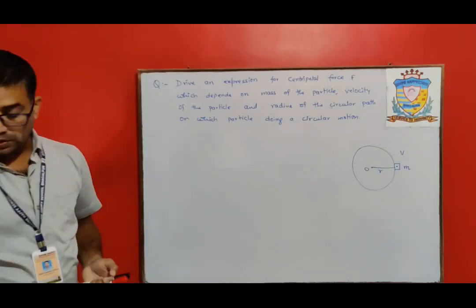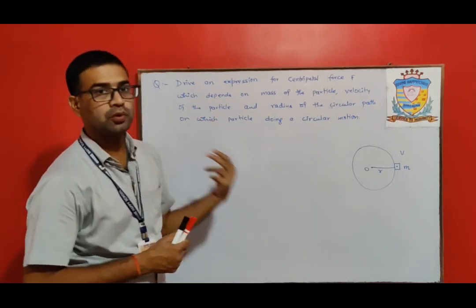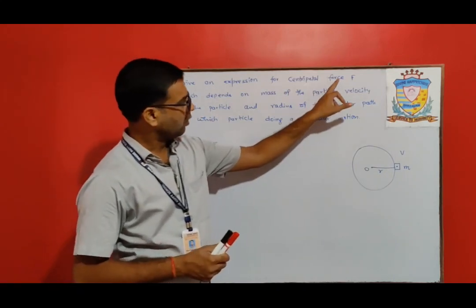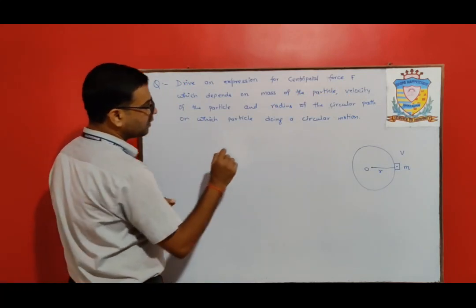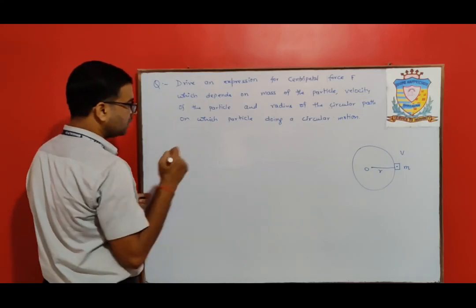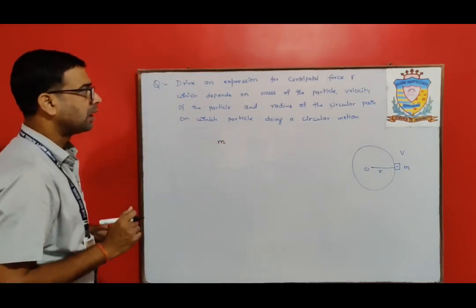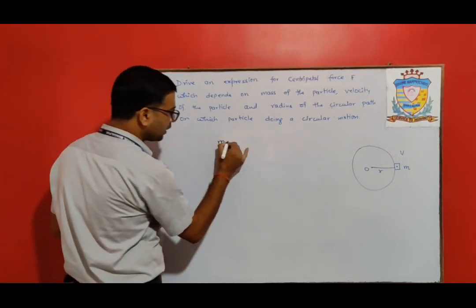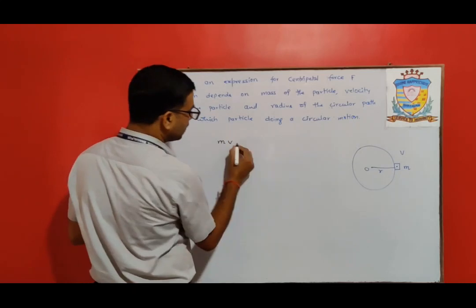We have to express this quantity, force, which depends on the mass of the particle, the velocity of the particle, v, and the radius of the circular path, r.